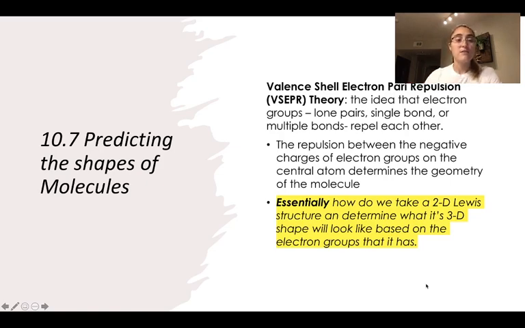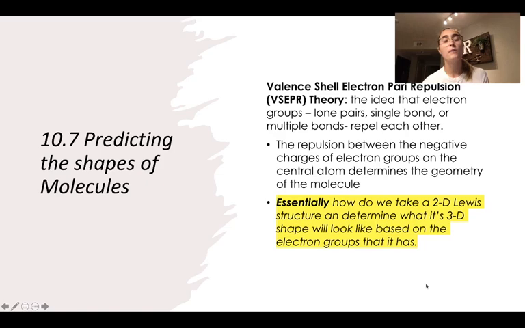So 10.7, predicting the shapes of molecules. So really what we're going to be looking at here is we're taking what we learned last week, those Lewis structures. Remember, Lewis structures are those dot diagrams. Remember, we have that central atom, whatever we're looking at, and there are valence electrons that we put around that central atom.